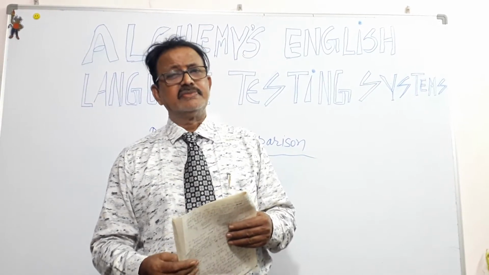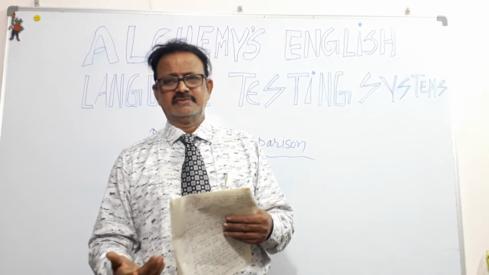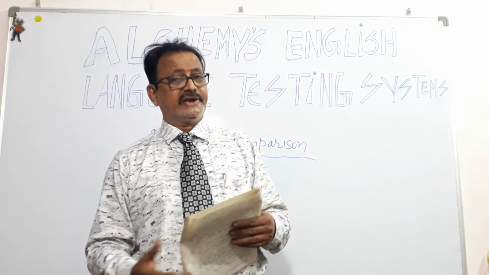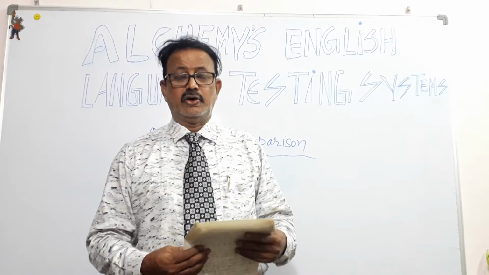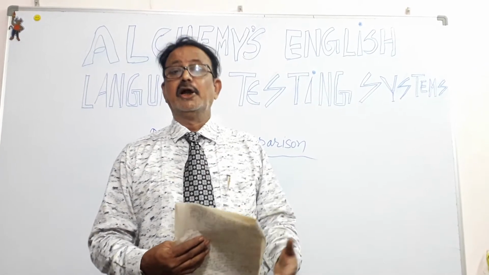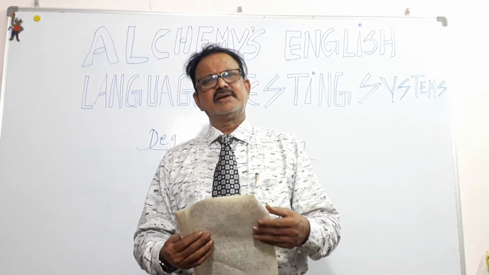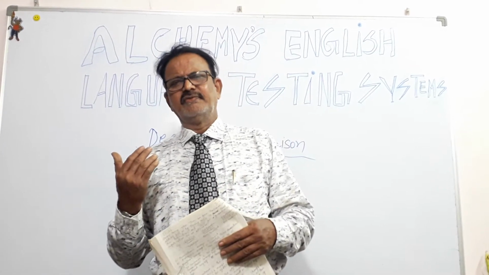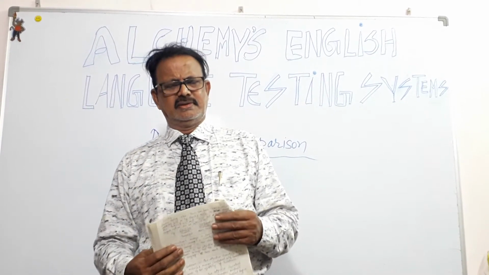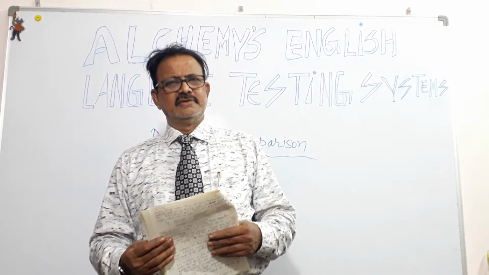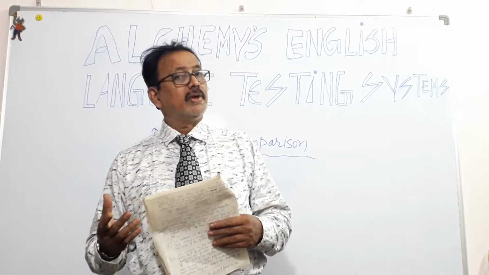Oranges, sometimes they are very sweet. The Nagpur orange is sweeter than the orange of Tamil Nadu. Something like that we can say. But generally, when we do not compare, we use the positive adjective. It is always in its normal form.